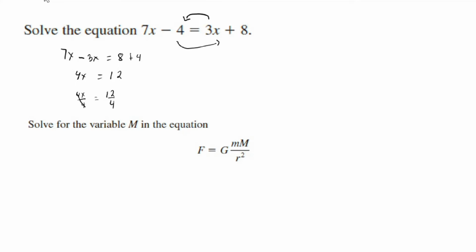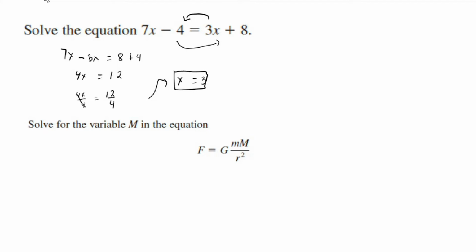So therefore, the final answer becomes x is equal to 12 over 4, which is 3. So x is 3. Now, if you substitute the value of x to the original equation, it will give you a true value. When I say true value, the left-hand side will be equal to the right-hand side.